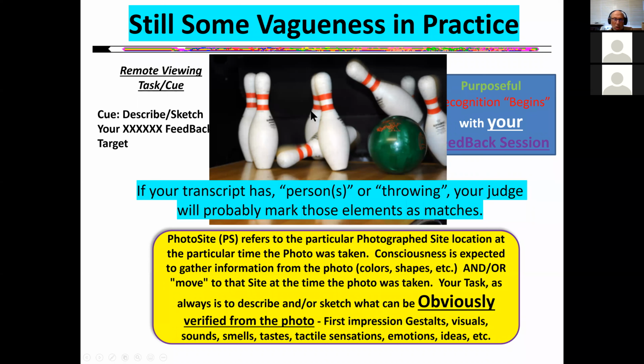Now, I haven't mentioned independent judge. I've been talking about this as if there is someone else doing the judging. In practice, a lot of people can't find a second party to do the judging of their transcripts. And self-judging is very widely used, and there are a lot of people who do quite well with self-judging.